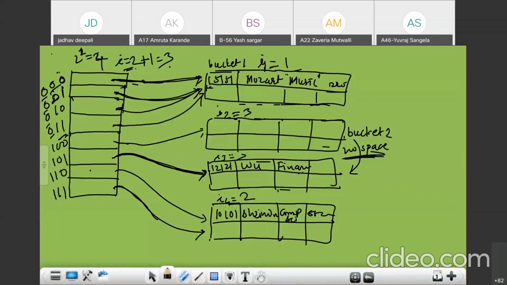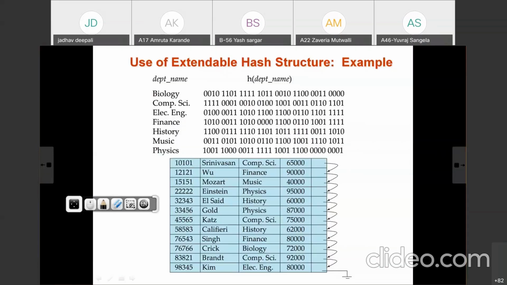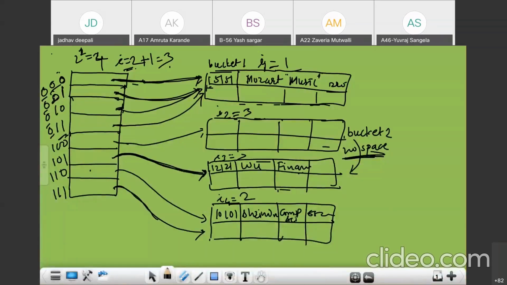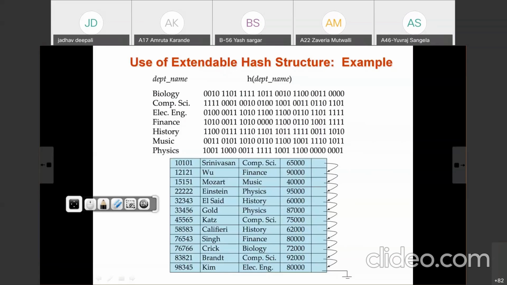Next one, after music, physics, Einstein. What are the first 3 bits of physics? These are 100. So 100, follow the pointer. Einstein, 22222, physics. Next one, after physics, history. History first 3 bits are 110.